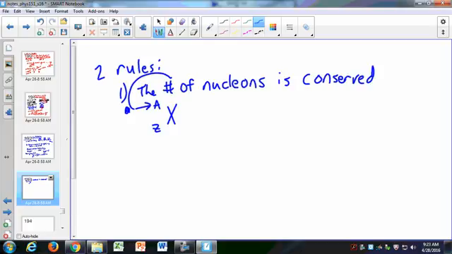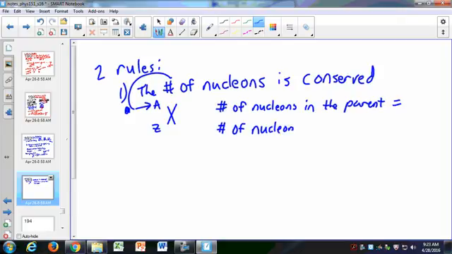So A is conserved. That means the number of nucleons in the parent nucleus must equal the number of nucleons in the daughter nucleus plus whatever nucleons you have in other particles.